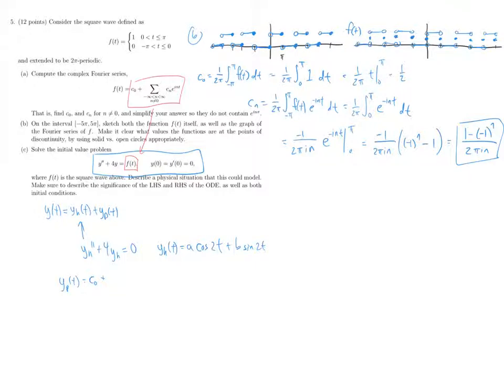So c naught plus all the non-zero cn's, cn e to the i n t. We don't know what the coefficients are, but we assume that there's a particular solution that is a Fourier series. So we take this and plug it back into the left-hand side.